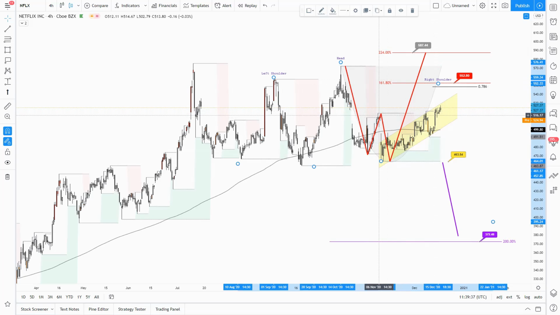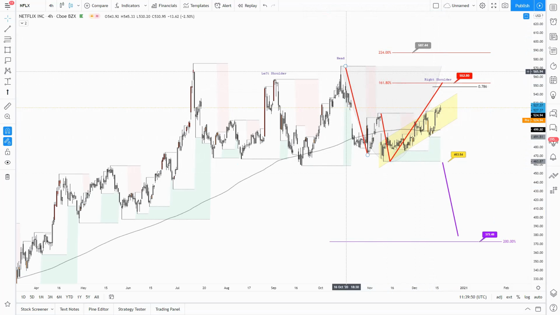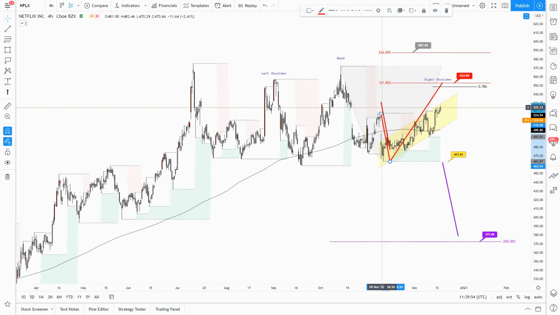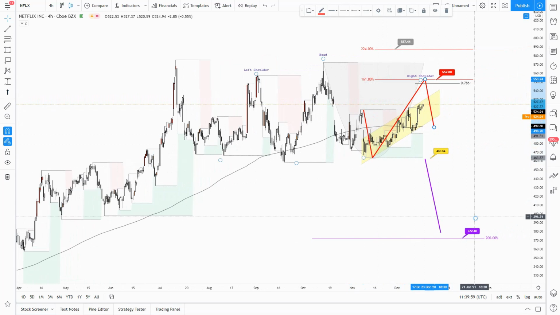If the market decides to trade above this level, I always project the golden Fibonacci of this swing low, the very last swing low projected above with an extension to the golden Fib, and we can expect later the retracement.